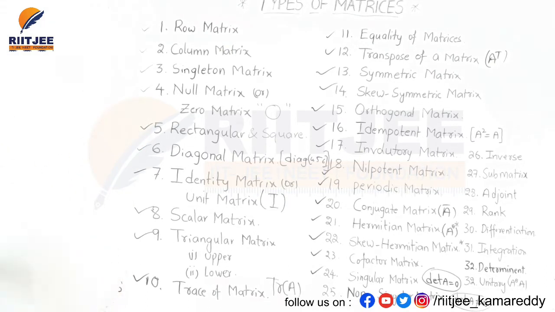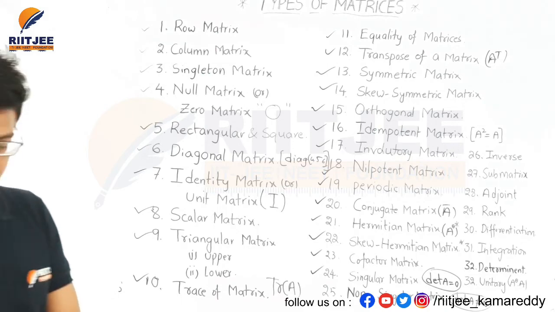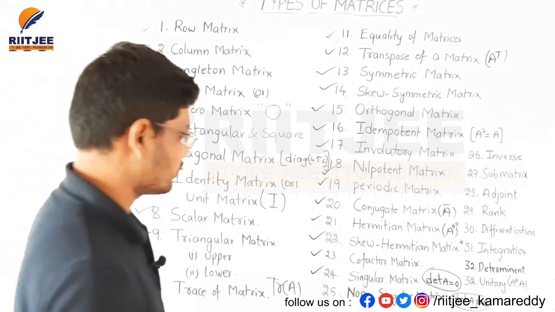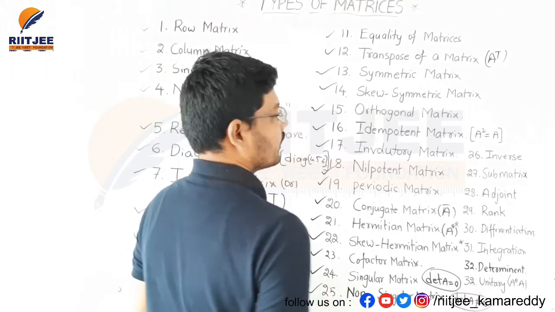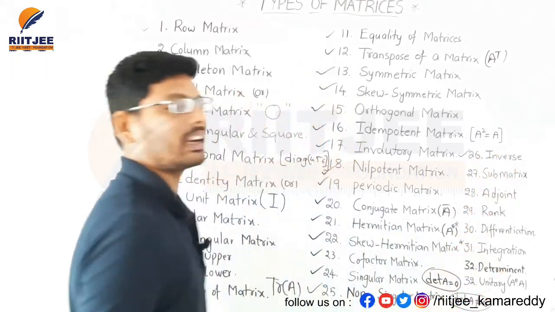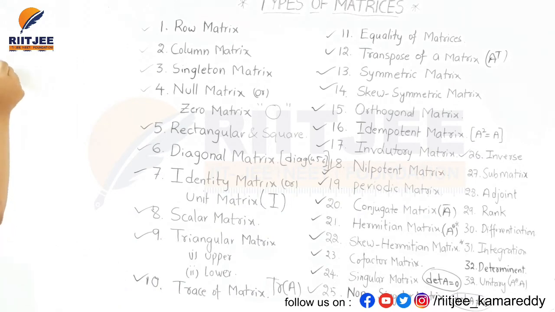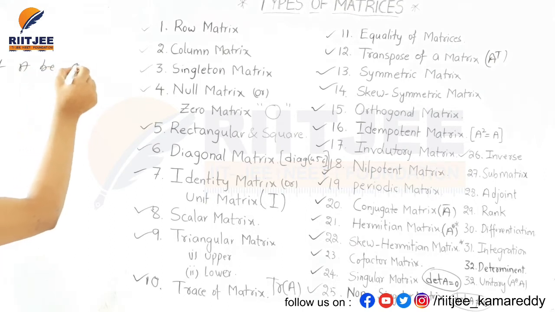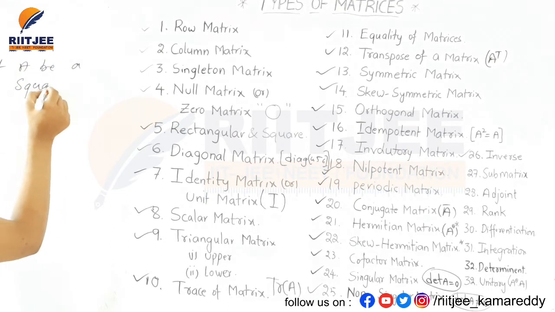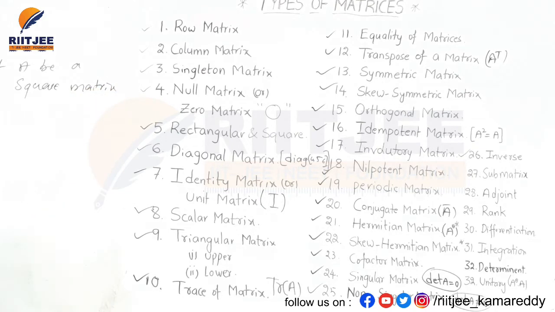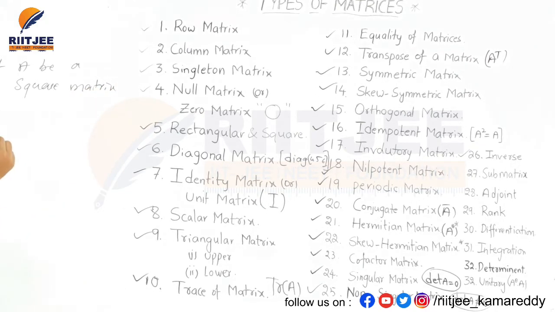And the next type of matrix is inverse matrix. Let A be a square matrix, and the inverse of A is denoted by A to the power of minus 1.